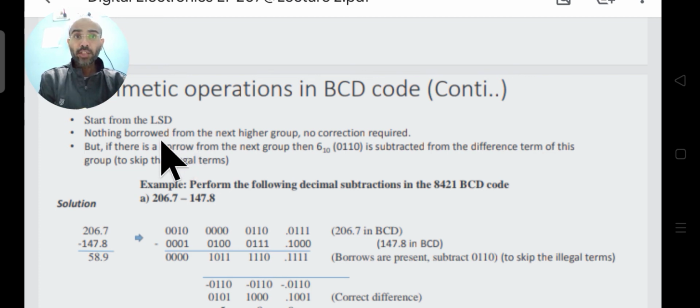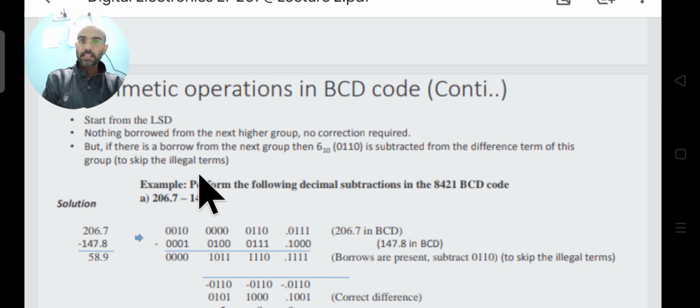If you don't require a borrow, nothing is borrowed from the next higher group, then no correction is required. Okay, it is very simple. But if there is a borrow from the next group, then 6 is subtracted from the difference term. This is again to skip the illegal terms.